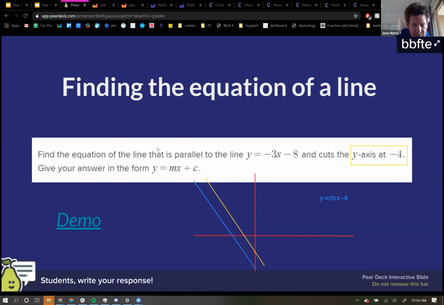I know that it is parallel to the line y equals minus 3x minus 8. We just learned that if things are parallel, they have the same gradient. So this here must be our gradient. So y equals minus 3x minus 4.